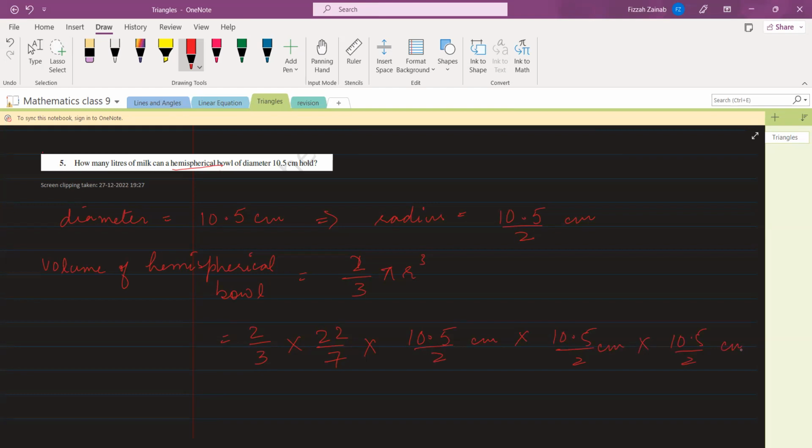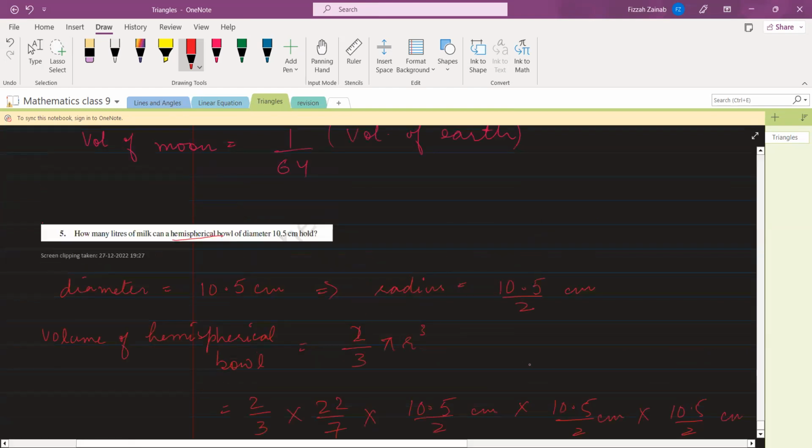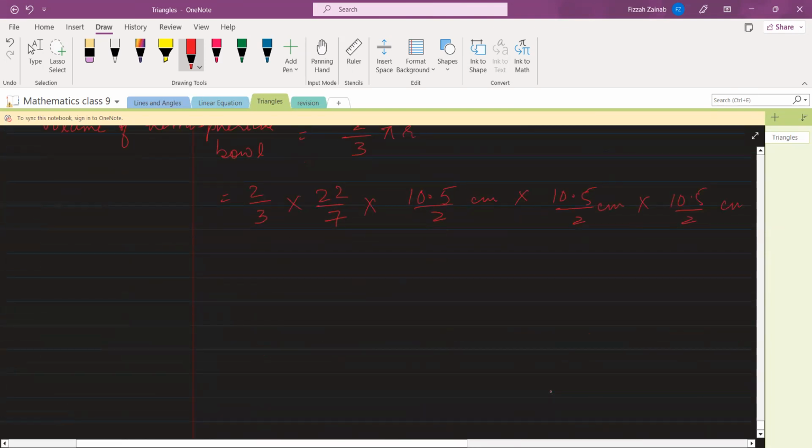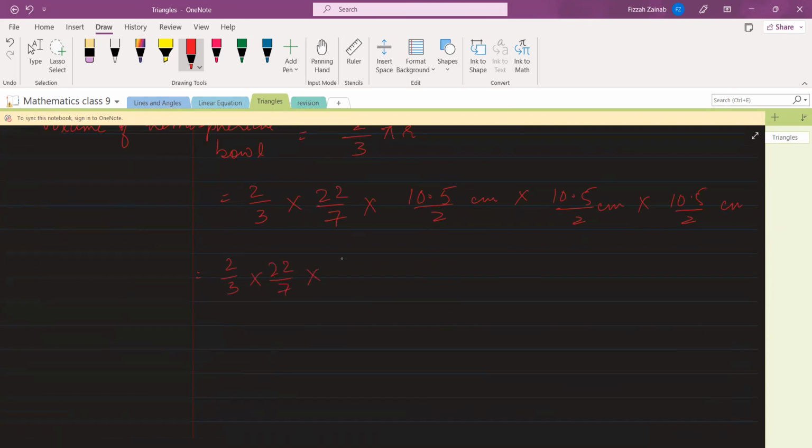Remove decimal first and then solve it. So 2 by 3 into 22 by 7 into, so this is 105 divided by 2 into 10, again 105 divided by 2 into 10, 105 divided by 2 into 10 and centimeter cube.